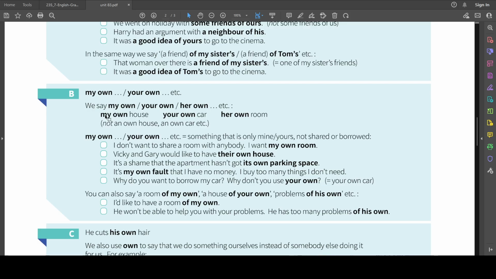For example, my own house, your own car, her own room, not an own house or an own car. It doesn't matter if we are talking about singular or plural. We cannot just link it with the article an.